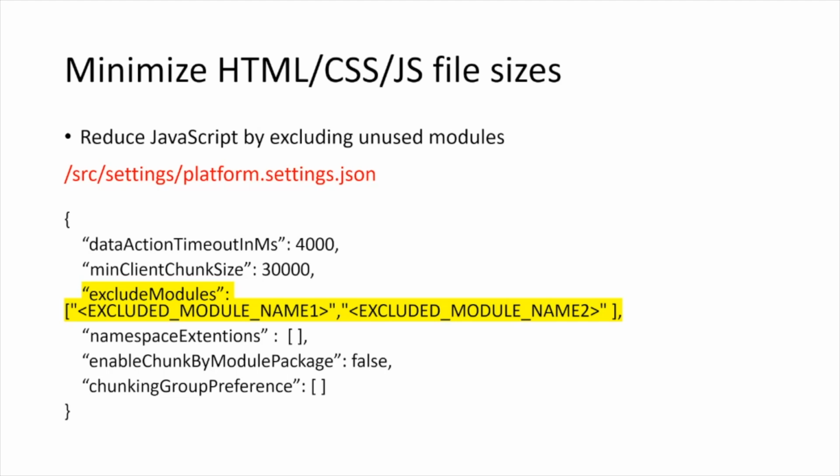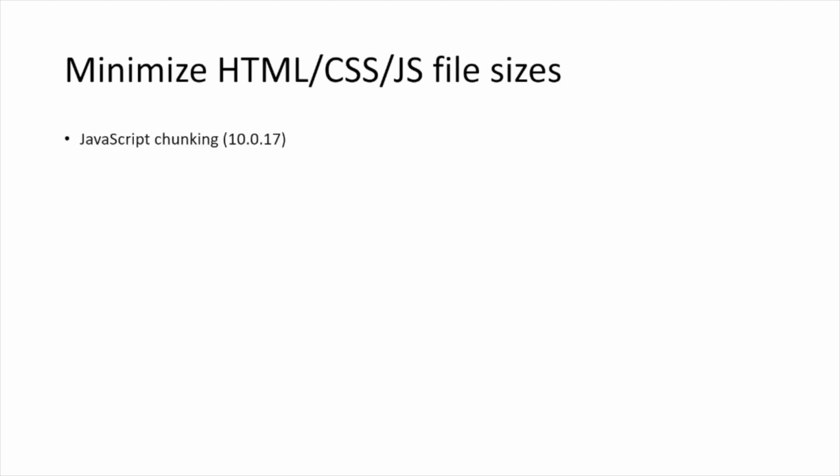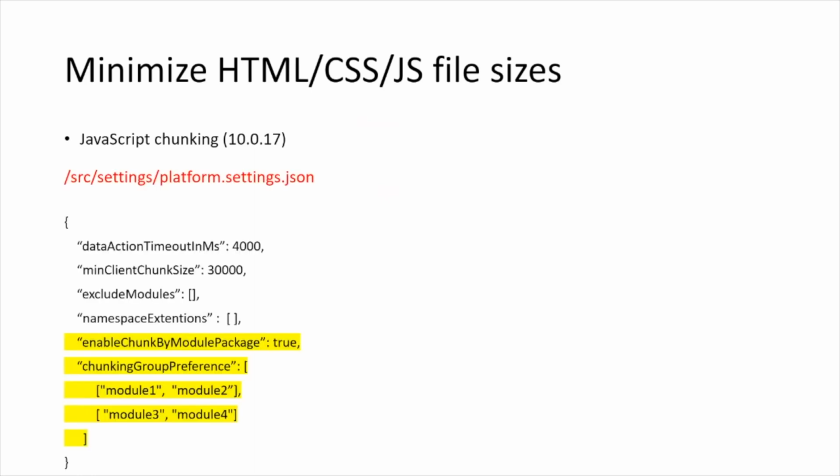We have another way to help reduce size, which is with chunking. If you know about JavaScript chunking, we break it down into chunks and send it down to the clients. Well, in the 10.0.17 release coming up, we've added another setting in here to allow you to chunk modules together. So for performance reasons, if you know that several modules are used a lot on a single page, you can group those modules together.